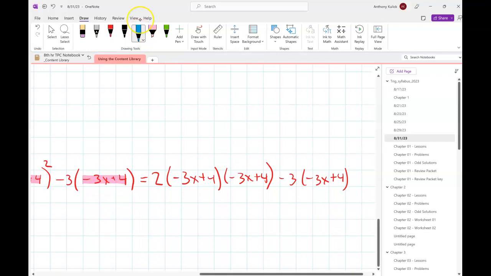So let's look at that first grouping. I have 2 times negative 3x plus 4 times negative 3x plus 4. Next thing we'd want to do is multiply in there. What should I be multiplying? There's 3 things being multiplied, right? Which 2 should I multiply together first?